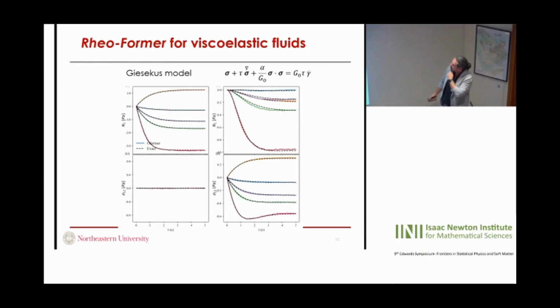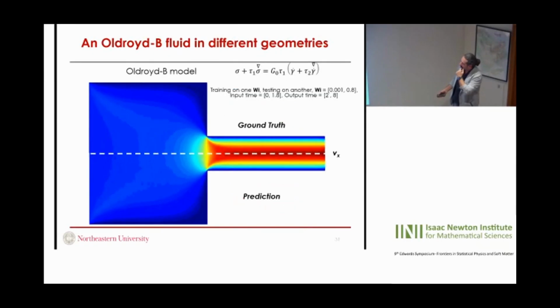So just to show you some results, these are normal stress differences, shear stresses for a Giesekus fluid. You might say, okay, this is fine, but we just did that with neural operators, so not a biggie, right? But this is what I'm excited about. These are actually full solutions. On top, this is OpenFOAM solution.